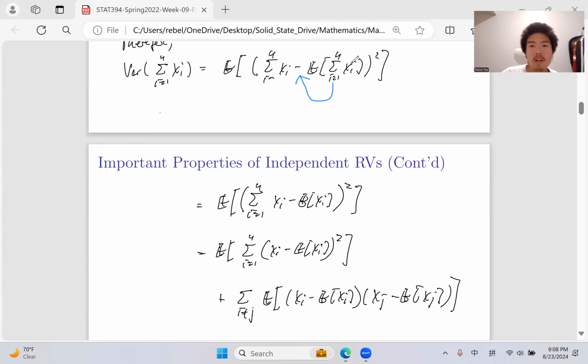And because of the summation, the sigma is the same, we can move it out. So it might need a further bracket to be this one. And now it becomes very interesting. It's a summation of something.